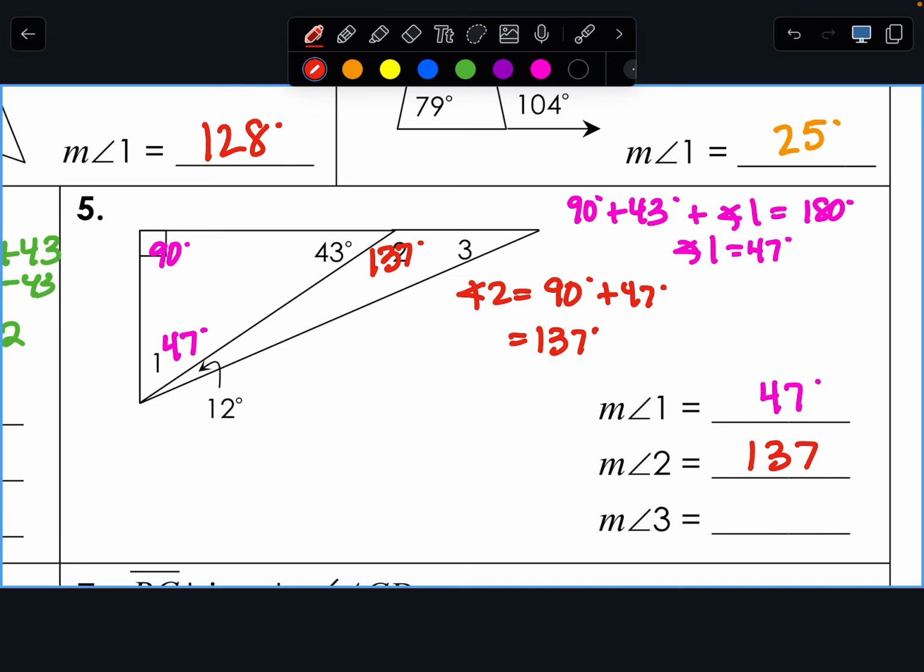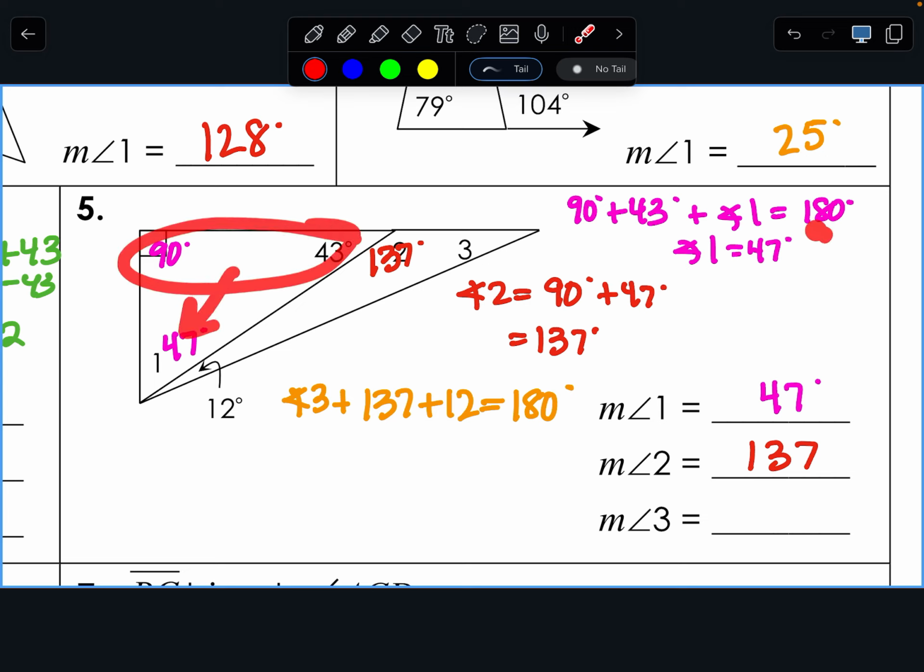And then to find angle 3, I'm going to say, because the line is 180, angle 3 plus 137 plus 12 equals 180 degrees, right? That's a triangle. So the first time I knew these two, so I could find this one because a triangle equals 180.